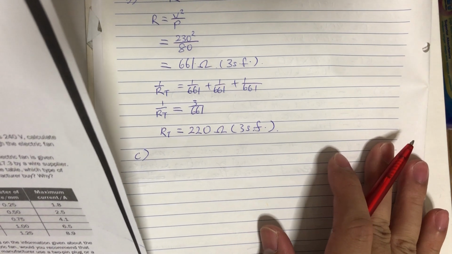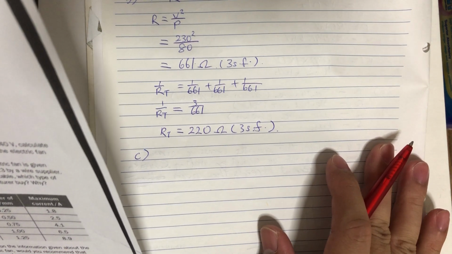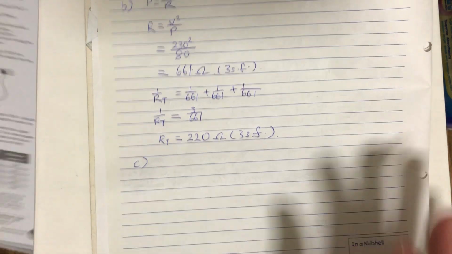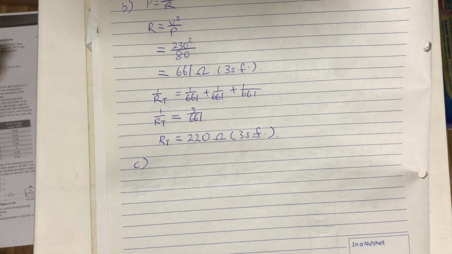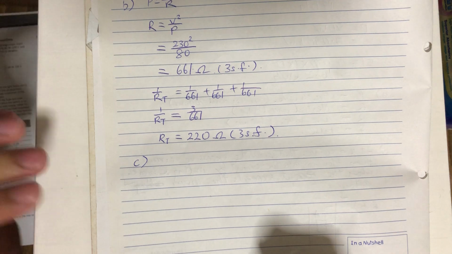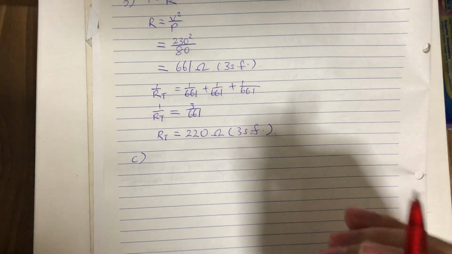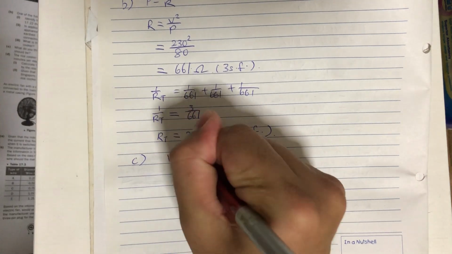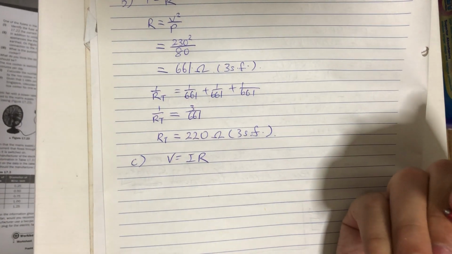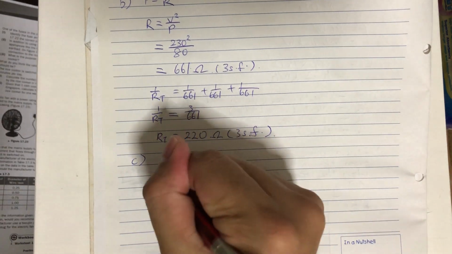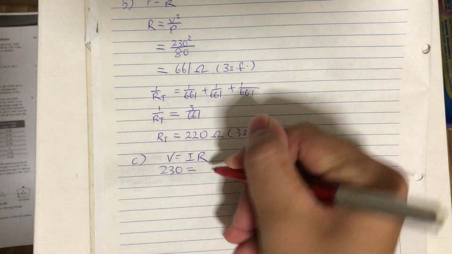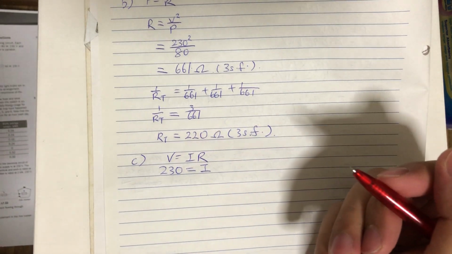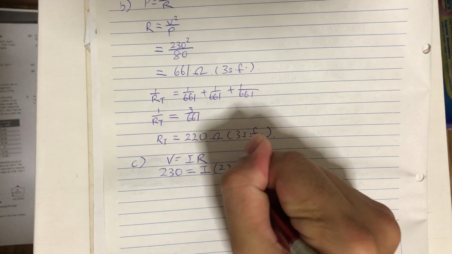State what happens to the fuse when the switch is on. So basically you need to find out how much current actually flows first. Based on these circuits and the total resistance here, we are going to use the formula V equals IR. 230 is the potential difference given by this question, and I need to calculate the current required to operate this circuit.